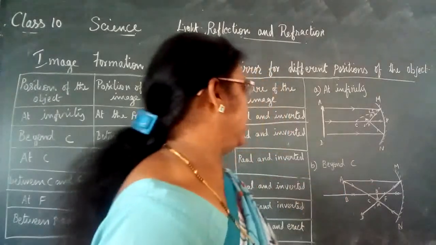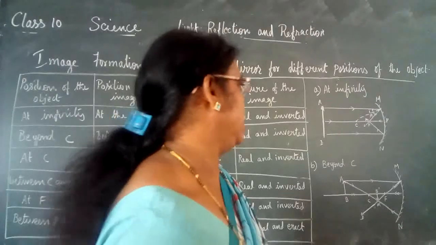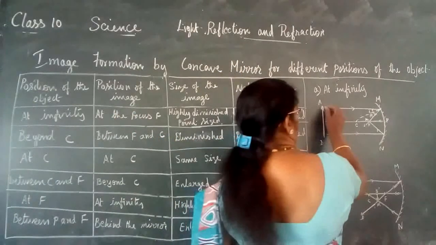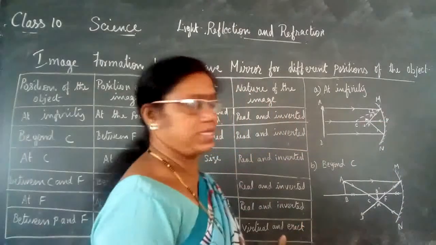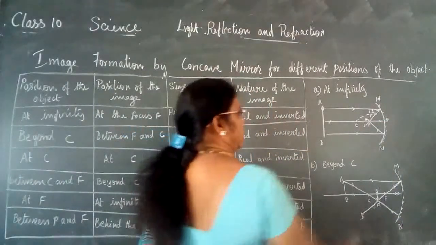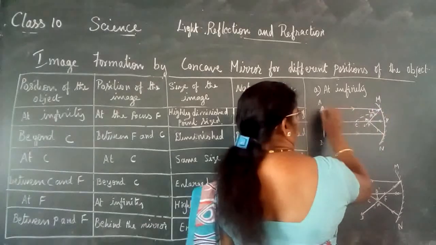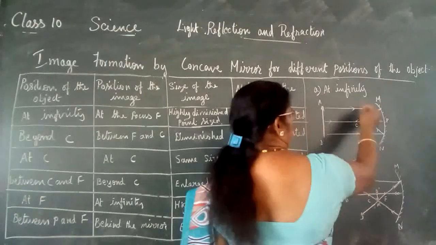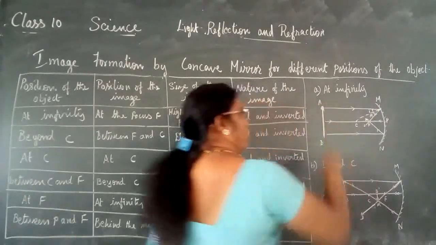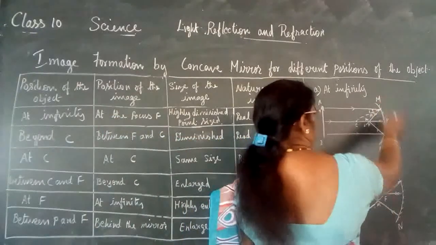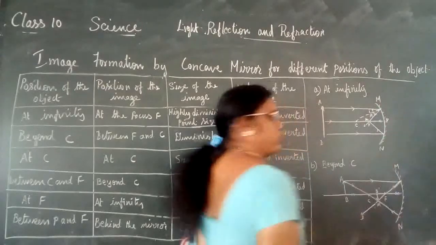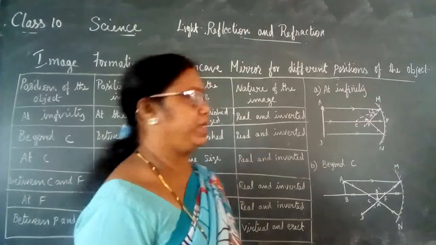So here we are going to consider the ray which is traveling parallel to the principal axis. You see, here AB is the object at infinity and MN is the aperture of the concave mirror.